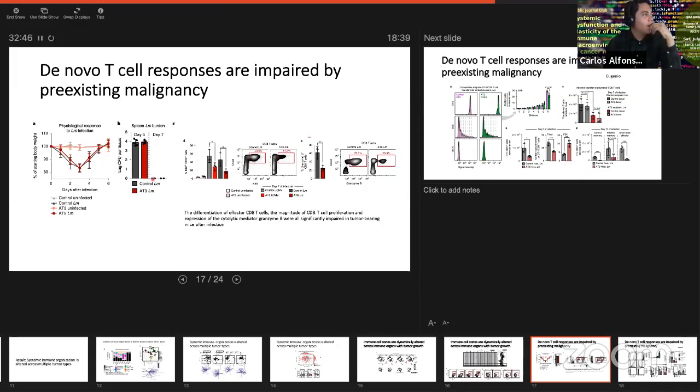The other measurement that they did is the spleen burden of listeria, and they have the exact same phenotype as control with listeria, also in the model of 83.